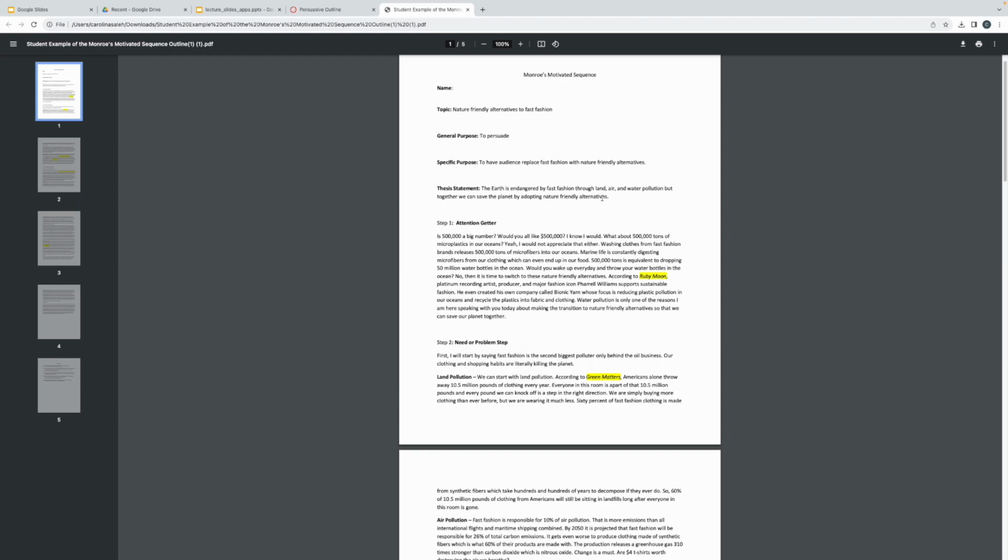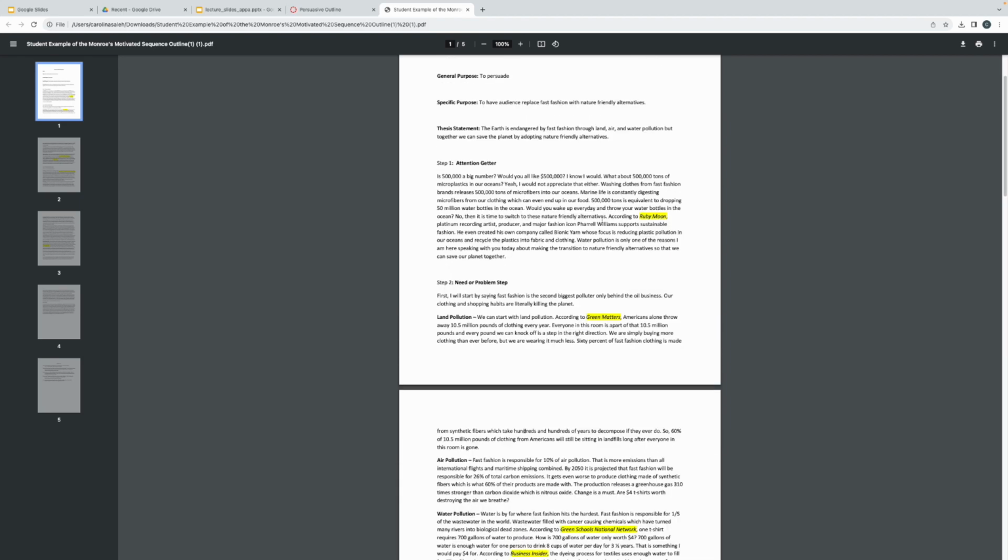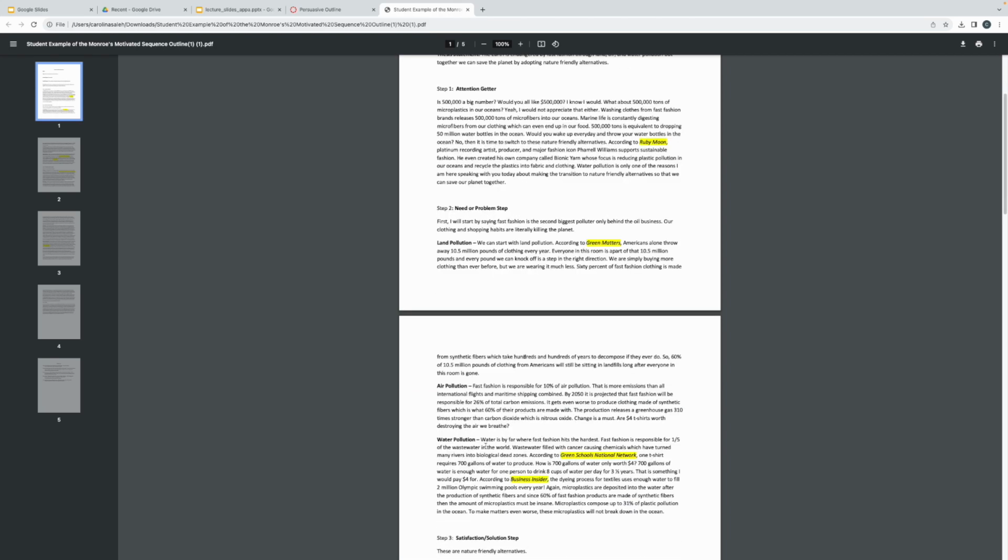So if you look at the thesis statement, land, this is the first problem. Air pollution, they discussed it right here. And water pollution, they discussed it right here. So they have it in their thesis statement, and they fully conveyed the problem to the audience.